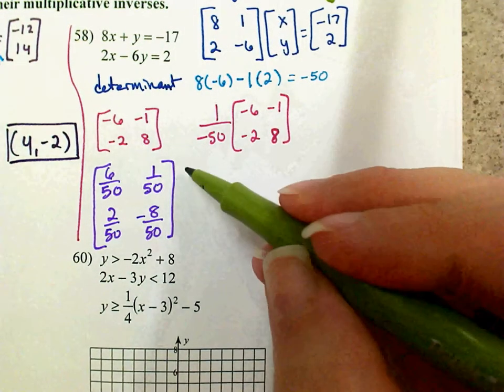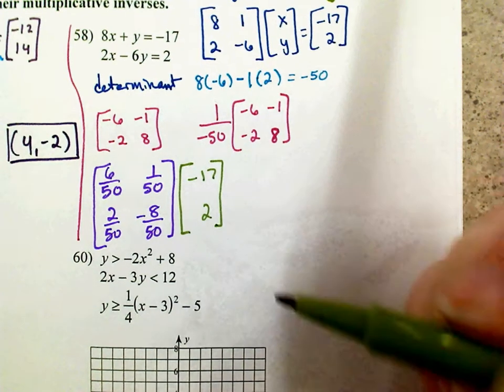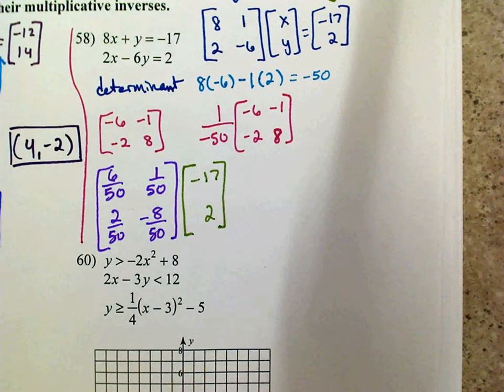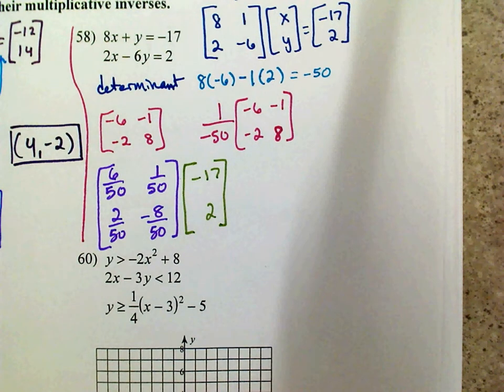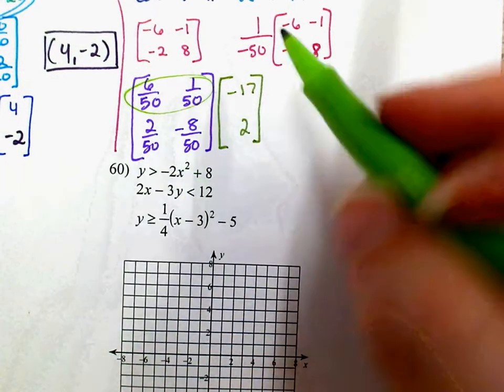Good, -17 and 2. Okay, so how do I multiply matrices? What's the operation? What's the order? Okay, row by column. So I'm going to multiply this row by this column.